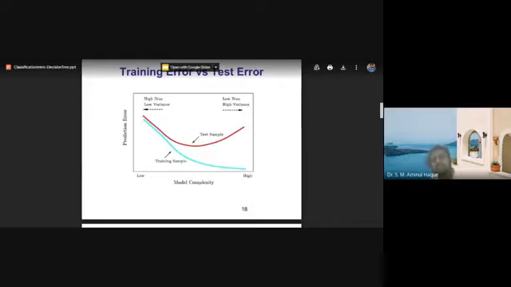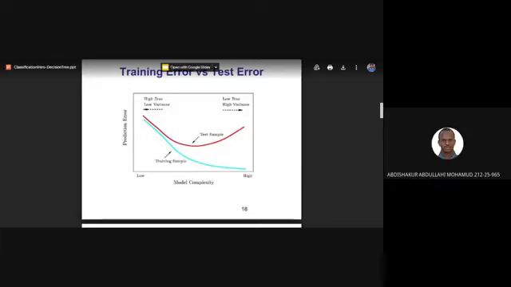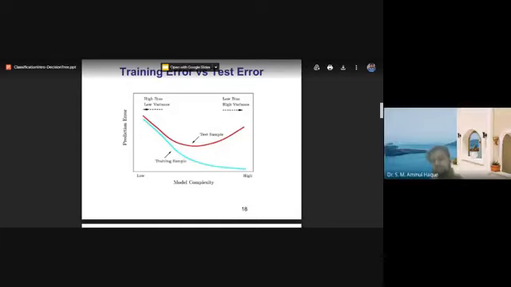When there is not enough data to train the model, or there are very limited rules and limited scope to train the model, then the complexity is low. You got it? There's very limited data to train the model.